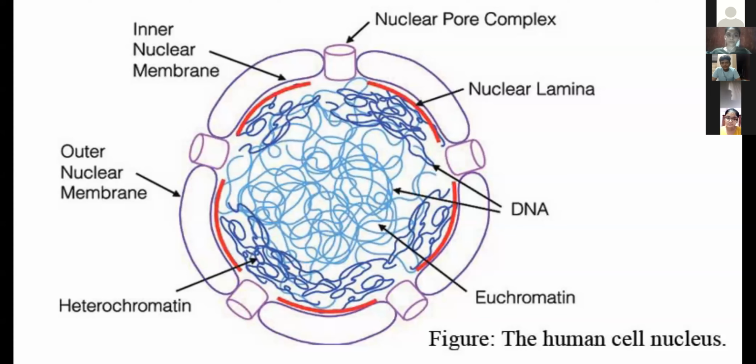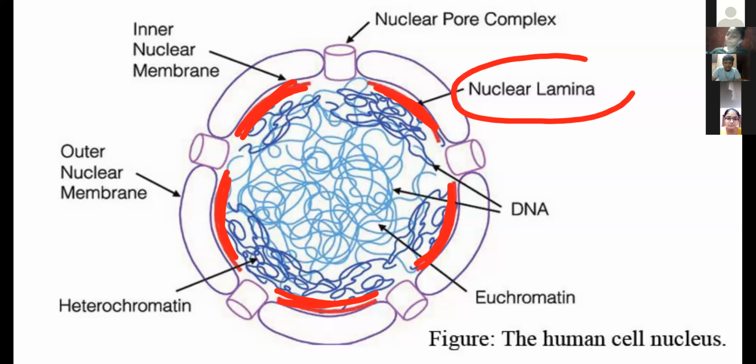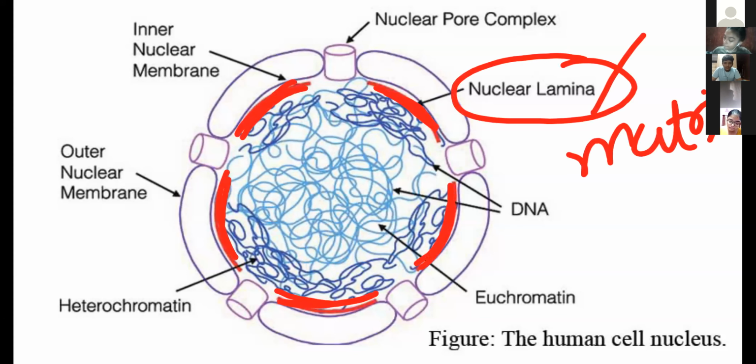Nuclear matrix is formed by proteinaceous fiber. ये reddish color का जो दिख रहा है आपको, just adjacent to that inner envelope, inner membrane of nucleus. This much part only we call either nuclear lamina or nuclear matrix or nuclear skeleton.